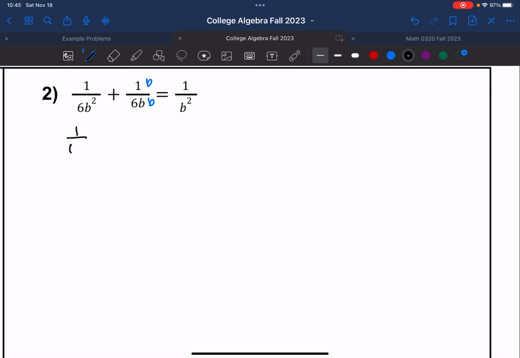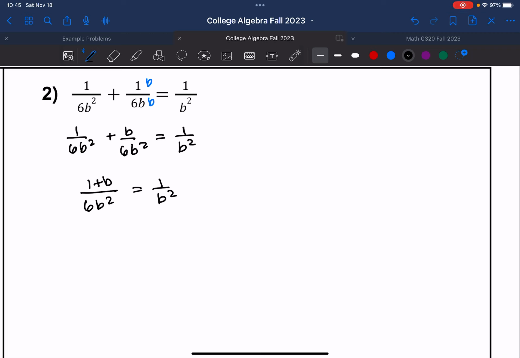So I have 1 over 6b squared plus b over 6b squared is equal to 1 over b squared. Okay. Now I can combine my numerators. So I have 1 plus b over 6b squared is equal to 1 over b squared.